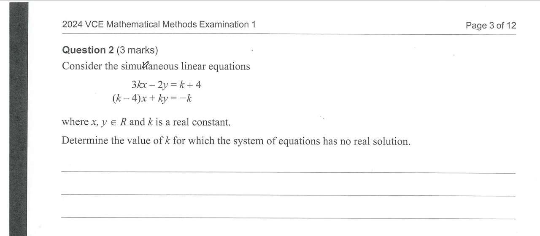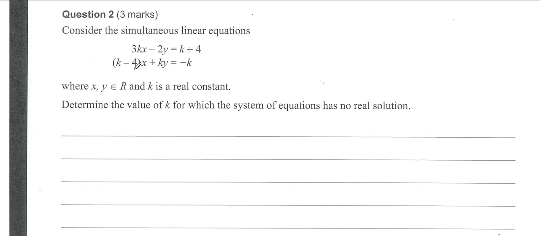Next question. Determine the value of k for which the system has no real solution. What we're going to do here is rearrange both equations for y. So this one we get y equals 3k on 2 x minus k plus 4 on 2.